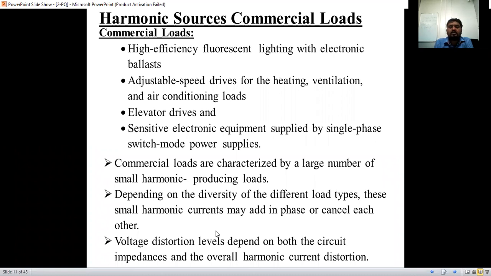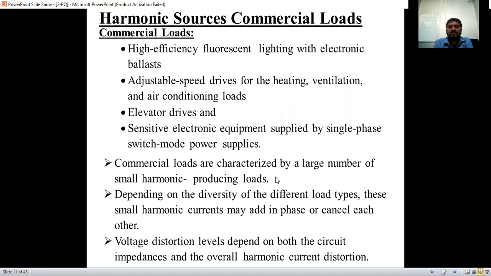So voltage distortion levels depend on both the circuit impedances and the overall harmonic current distortion. The current will distort, but the voltage distortion is V equal to IZ, where I is current and Z is impedance. So the voltage distortion depends completely on impedance and current only.